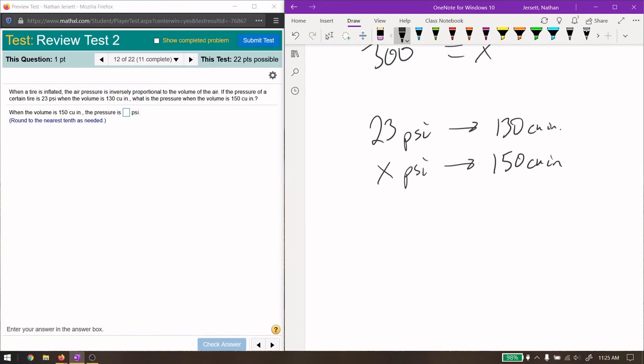So because this is inversely proportional, we can assume that as cubic inches, or the volume of the air, increases, PSI will decrease. So it should be less than 23, maybe like 21 or something.